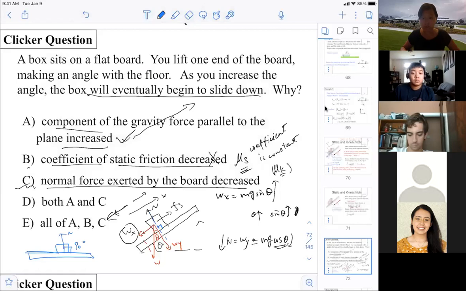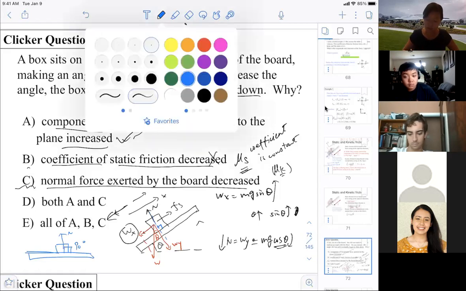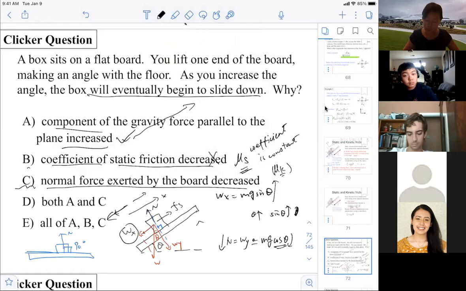What do you think about that? Does F of S depend on normal force? Does static friction have anything to do with normal force? It's equal and in the opposite direction. Static friction is always opposing the force that is trying to act in the opposite direction? Yes.